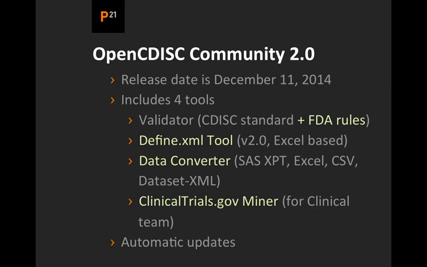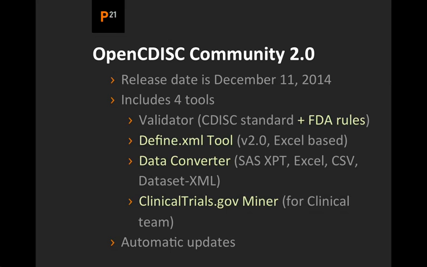There is a brand new Define.xml tool, which works with Define.xml version 2 and utilizes Excel as a data entry interface. We also release a data converter tool, which can move SAS XPT files into Excel, CSV, or dataset XML.